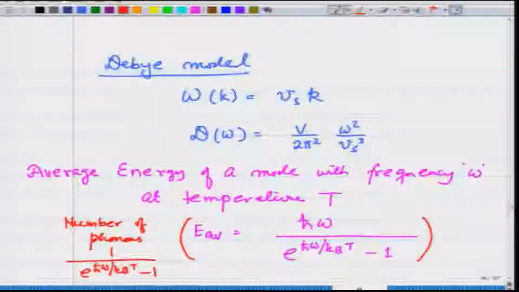Number of phonons times the energy of each phonon, h cross omega, gives you the average energy. So, we will now combine all this and get the specific heat.